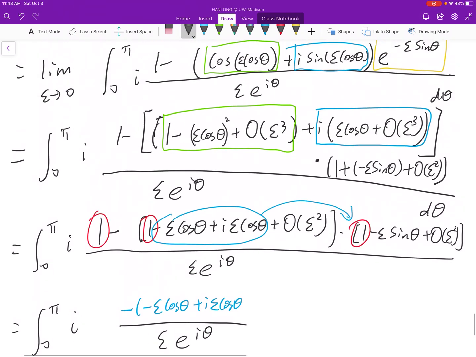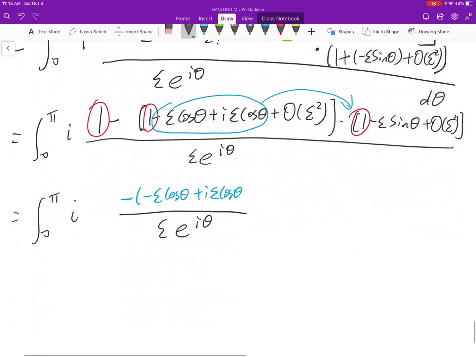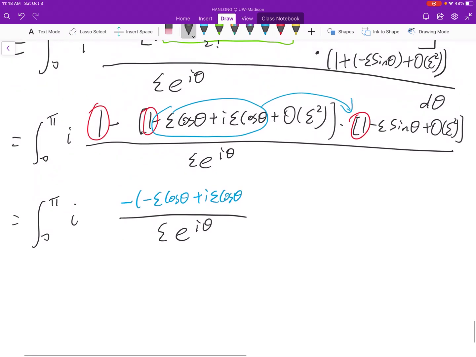This is because cosine x is 1 minus x squared divided by 2. Okay, so here you don't have this part.